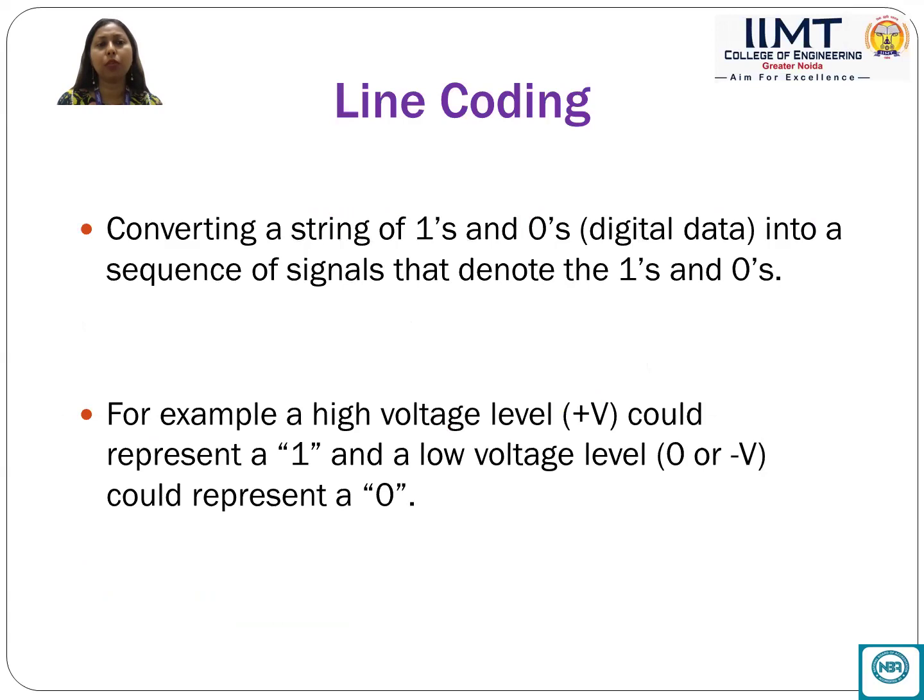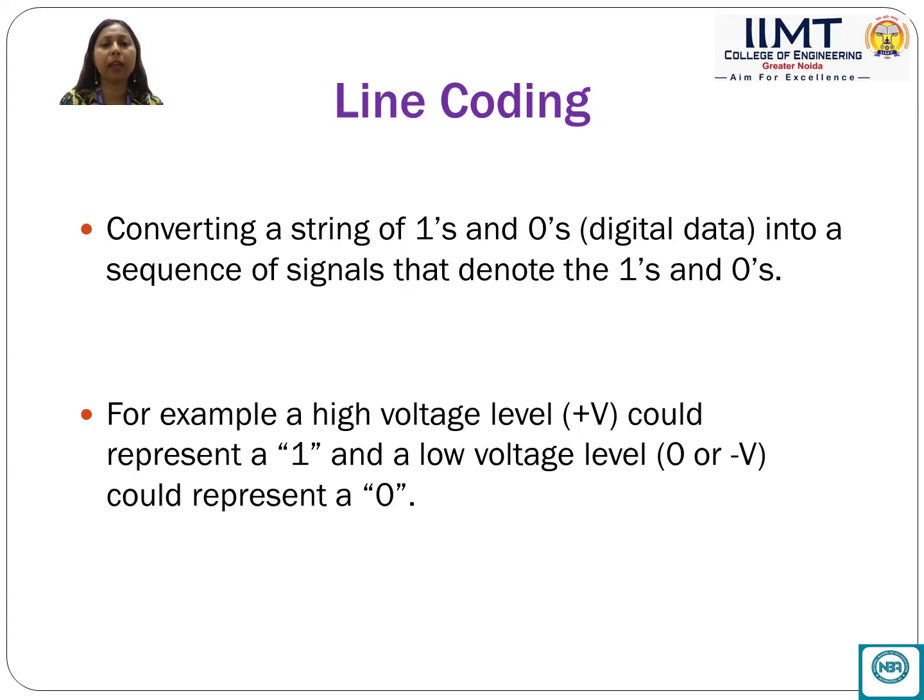Line coding. As we know, we have to convert our digital data into a digital signal, which means we are coding our data in the form of a signal. That's why it is named line coding. It converts a string of ones or zeros in digital data into a sequence of signals that denote ones or zeros.